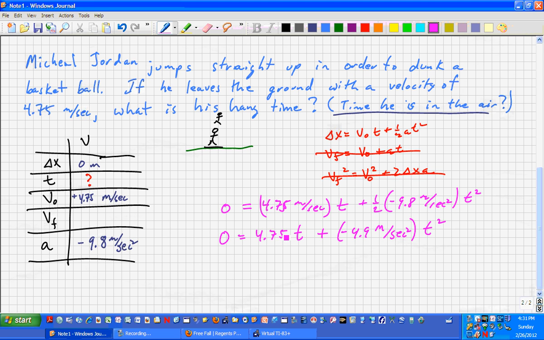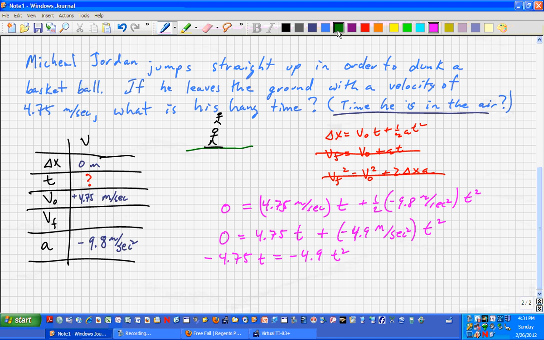I can subtract the 4.75 t over to the other side, so I get a negative 4.75 t is going to be equal to a negative 4.9 meters per second squared times time squared. Now, did I put units back in here? I should just leave those out till the end. We know time should come out in seconds. So let's not even worry about that.